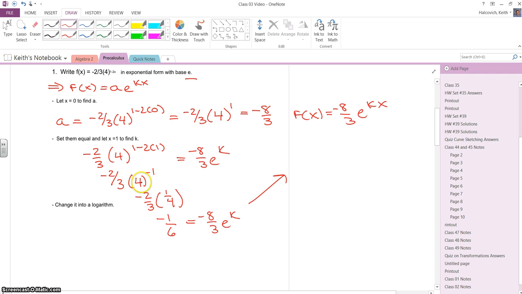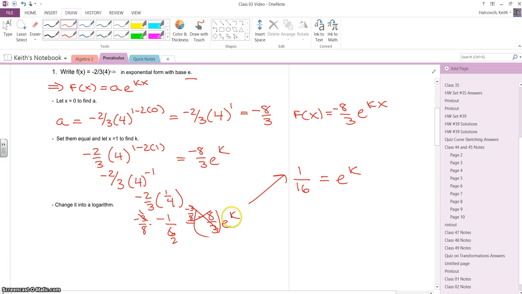Come over here. And if we multiply to get rid of the fraction, so if we multiply by negative 3/8 on both sides, notice we get, that'll cancel, so 1 and 2, and negative times negative is positive, so it's 1/16 equals e to the k, because these will cancel out.